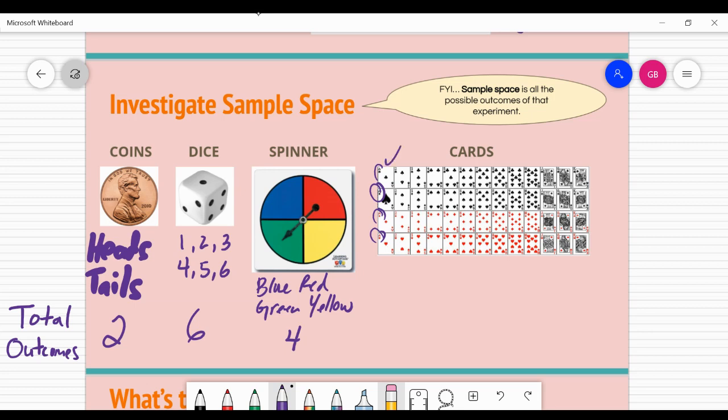There's an ace, there's the numbers 2 to 10, there's the jack, a queen, and a king for each one. So there's 13 for each suit. So that's a total of 52 different cards. This is just a sample space.